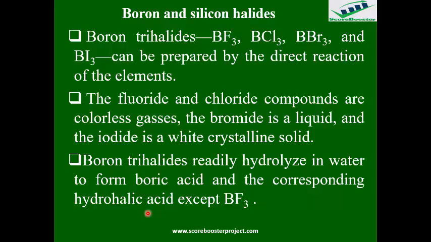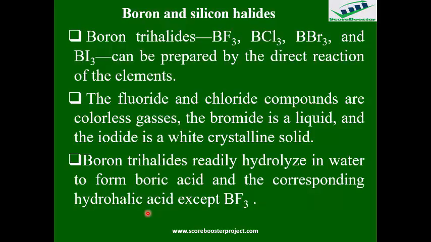Bromide is a liquid, then iodide is a crystalline solid. If we look at that trend down the halogen group, fluorine is the smallest, followed by chlorine, which is bigger, then bromine, then iodine, which is the biggest. So iodine is forming the white solid, bromine is forming the liquid, the others are gas because of the bond between them. That is what is responsible for that.